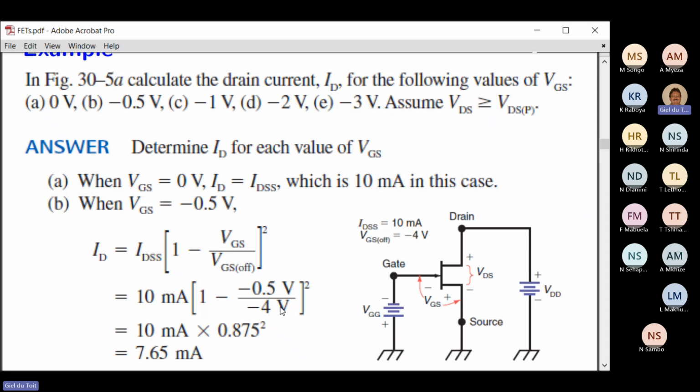Minus 4 was the pinch off voltage, the VGS off. The pinch off voltage there is -4 volt. So 0.5 over 4. And then we multiply that, and we get that the current is now 7.65 milliamps that will flow here.